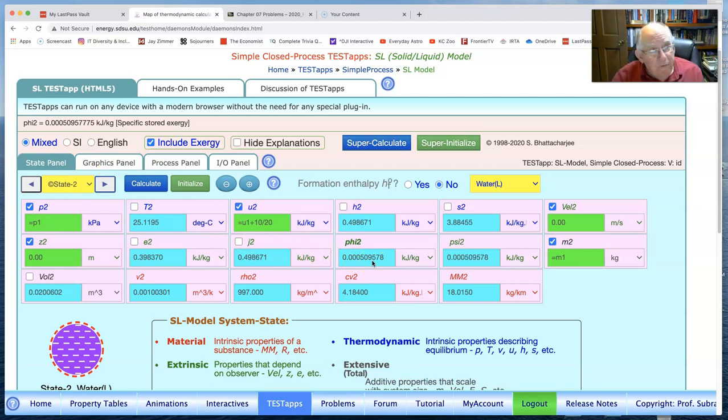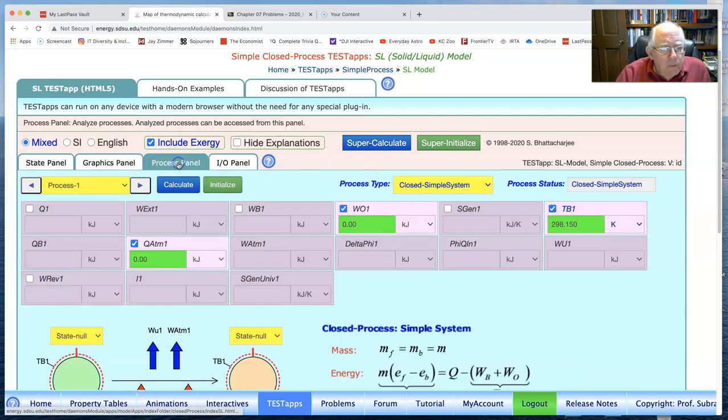And so the difference in those two values of phi on a per mass basis, if I then take that difference and multiply it by the mass, because we have a certain mass in this system, we can actually determine how many kilojoules of exergy per time was increased.